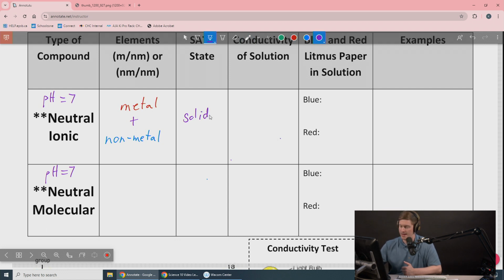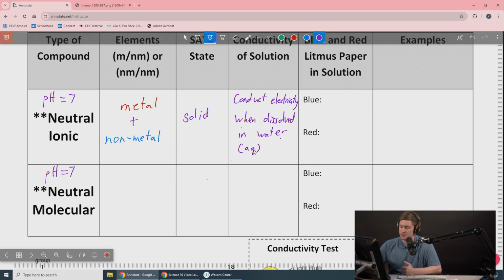They will conduct electricity when aqueous, when dissolved in water, which we'll use little brackets AQ.